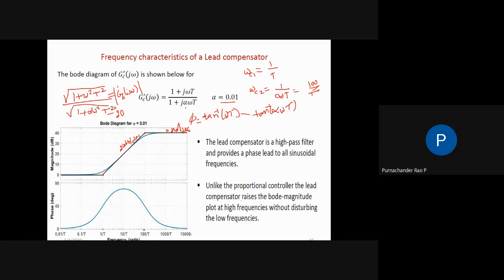The lead compensator raises the Bode magnitude plot at higher frequencies without disturbing the low frequencies. So there is no disturbance to the low frequency components, and it is allowing the high frequency components. Therefore, the operation of this is similar to the proportional controller also.